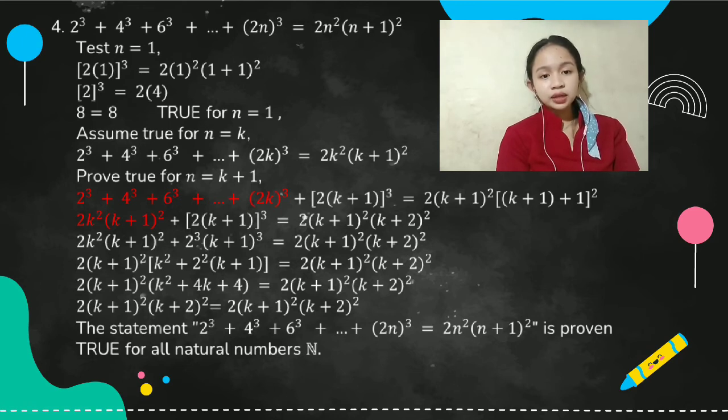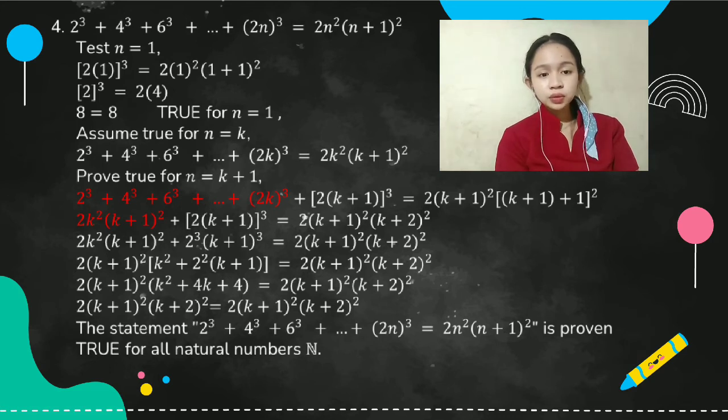So 2k squared times the quantity of k plus 1 squared plus 2 times the quantity of k plus 1 raised to 3 is equal to 2 times the quantity of k plus 1 squared times k plus 2 squared also.